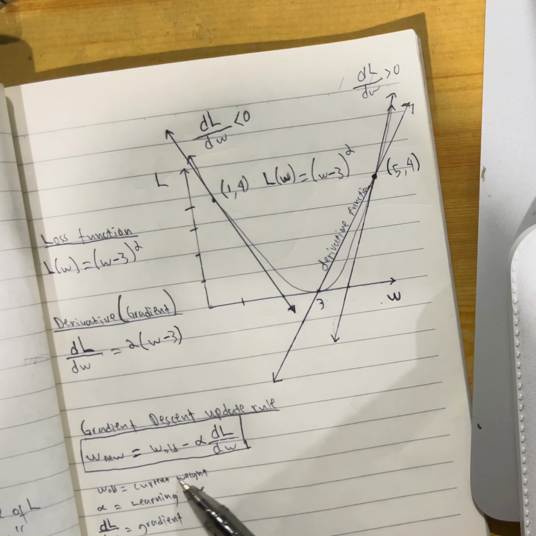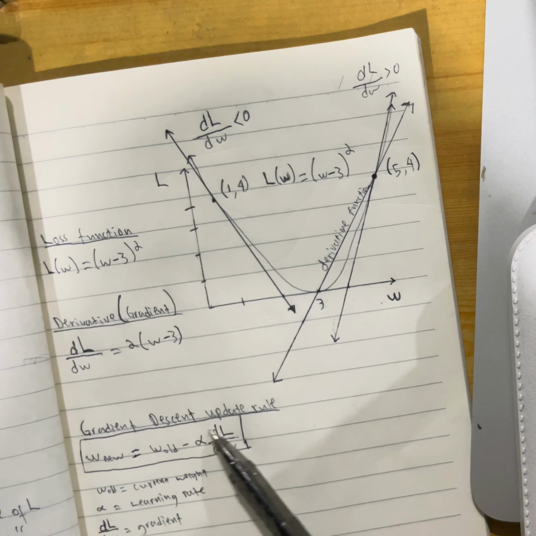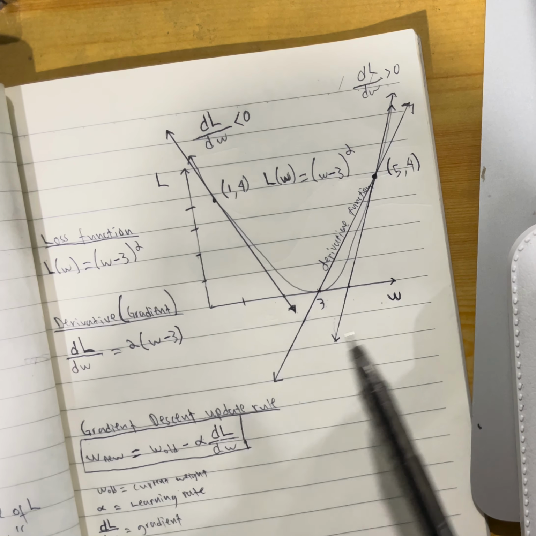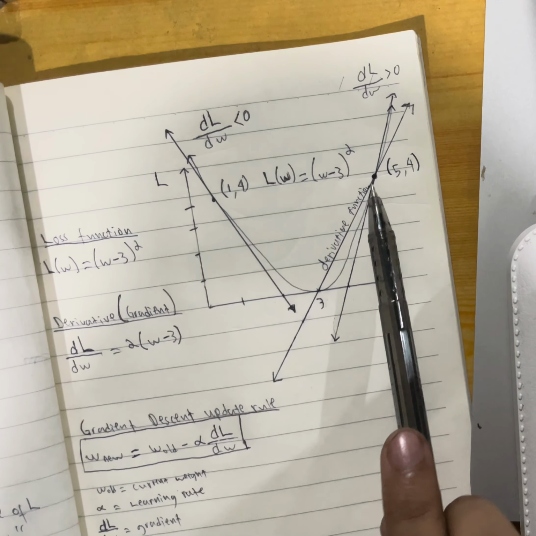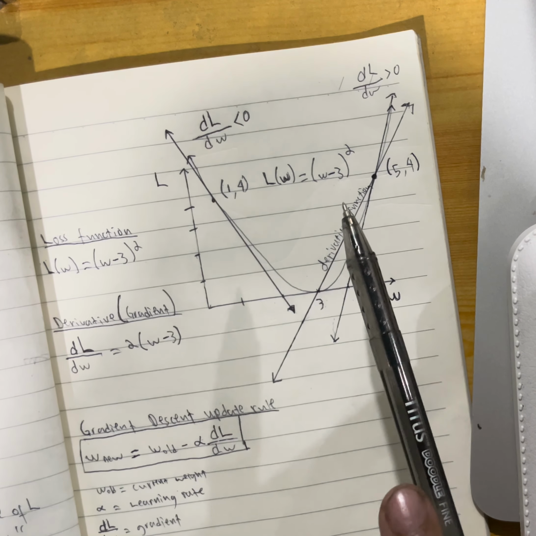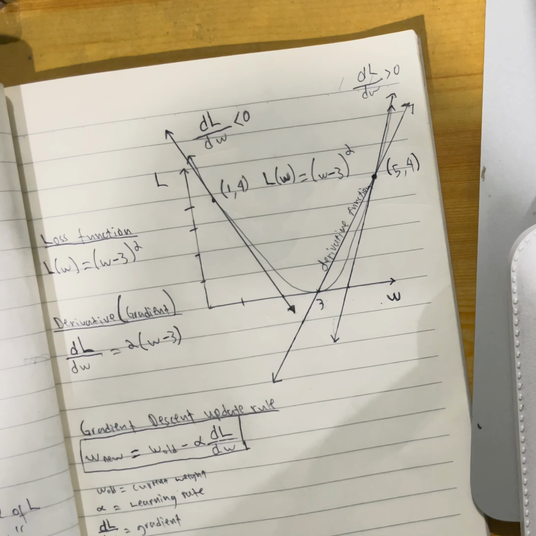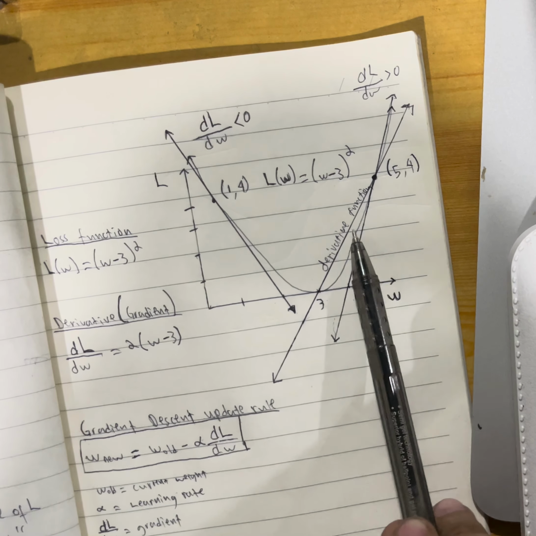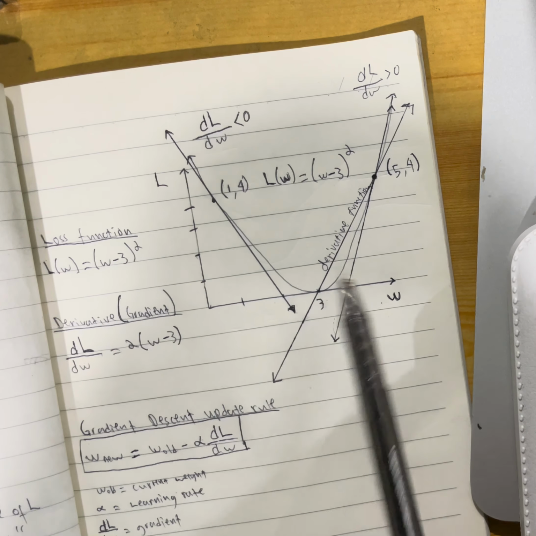So we subtract the gradient from the current value. With the help of the learning rate, we could move gradually until we reach here.